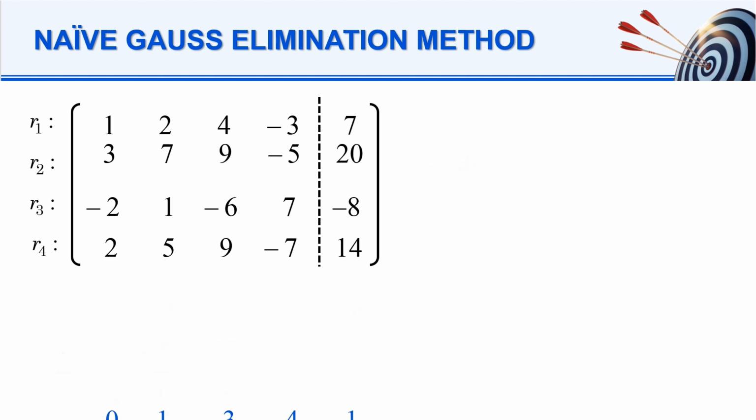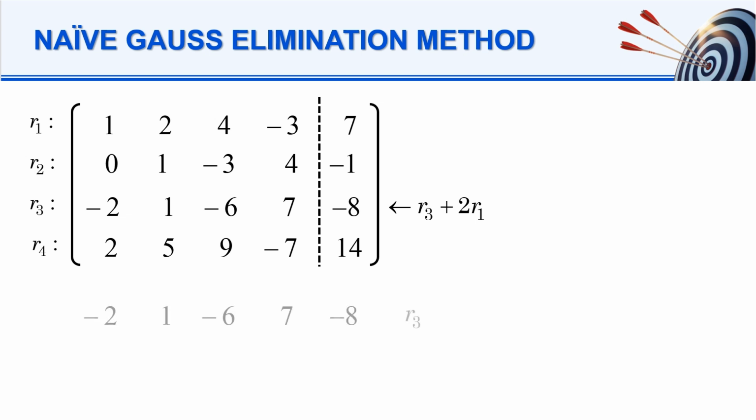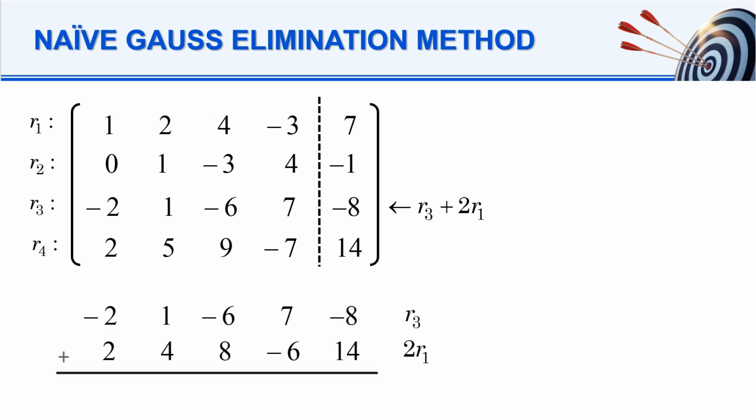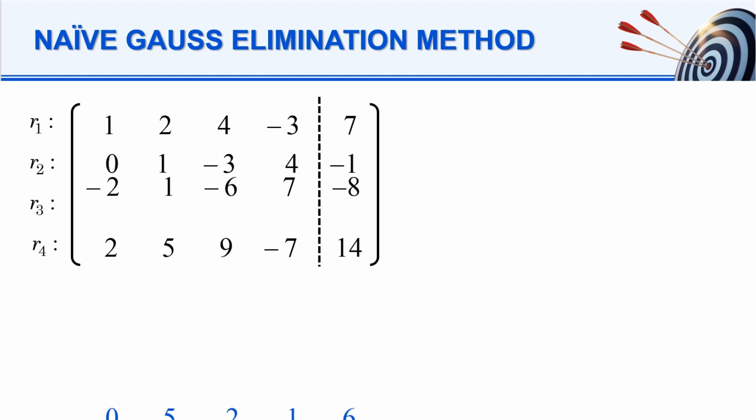The resulting row is used to replace row 2. Next, to eliminate the third row element, we add 2 times row 1 to row 3. And row 3 is replaced by the resulting row.